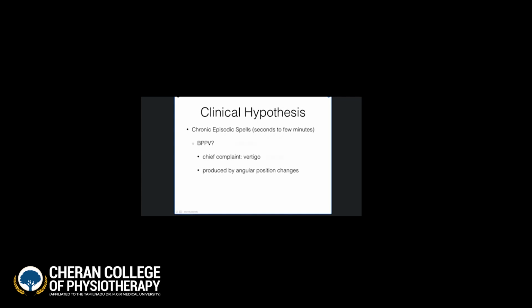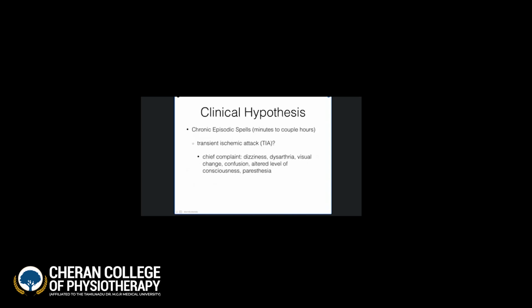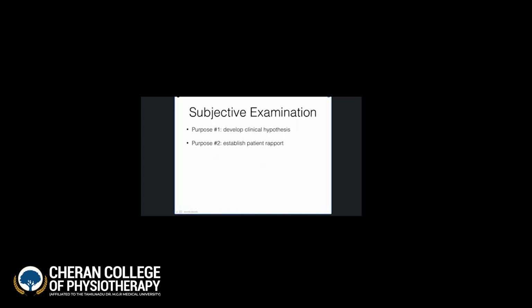I hope you all understood this because it's a big clinical examination. I will share all of this with you, but first what I wanted you to understand are the main objectives: the temporal symptoms, circumstances, medications, and also the intensity of your dizziness.